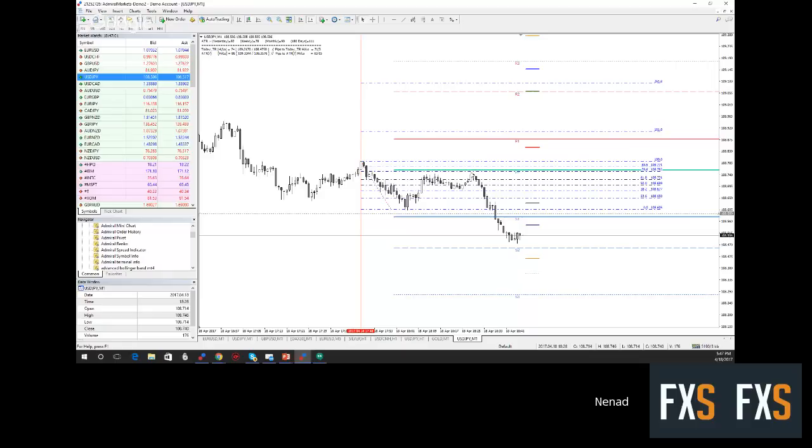My original stop loss was there, and I moved it here. It's called a profit stop. Very easy to use, guys, very useful, and it can safeguard your account if you know how to use it correctly.